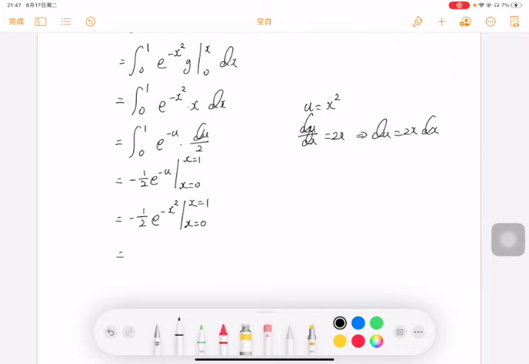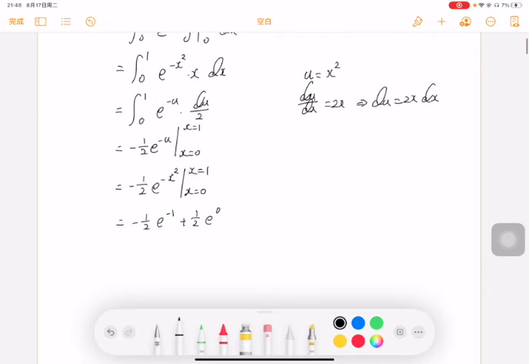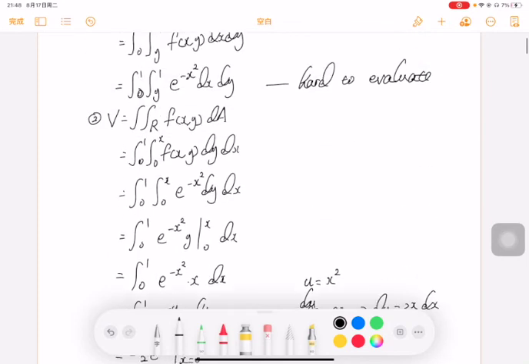Plug in 1, we get minus 1/2 of e to the minus 1. Plug in 0, minus becomes plus, so plus 1/2 e to the 0. So e to the 0 is 1, so we get 1/2, and minus 1 over 2e. So that's the answer for this problem.